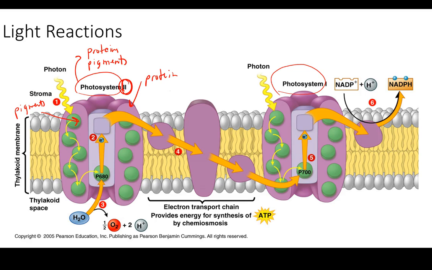The second photosystem in the pathway is called photosystem 1. That is because the first photosystem to be discovered was the second photosystem in the pathway. Does that make sense? So this guy was discovered first, this guy was discovered second, but then biochemists realized that this one played a role first, and this one played a role second.